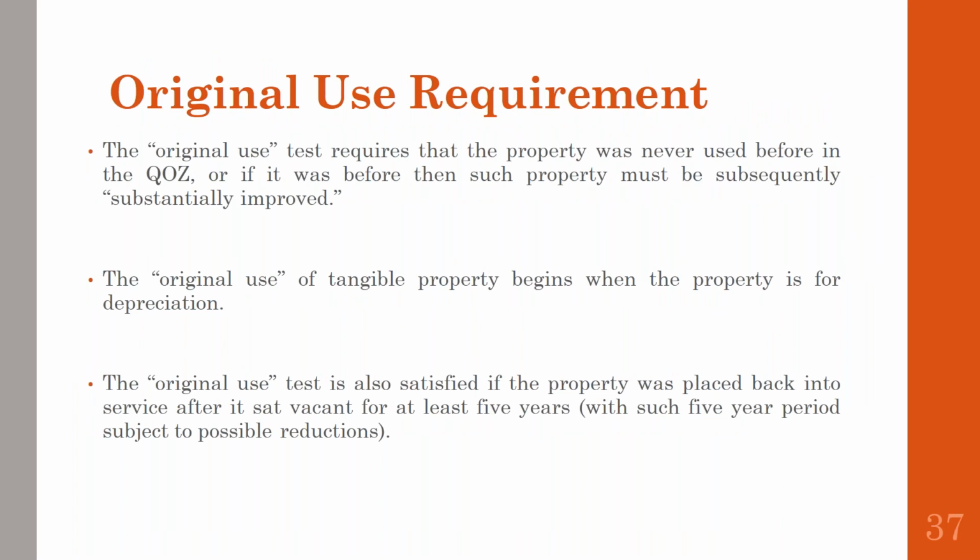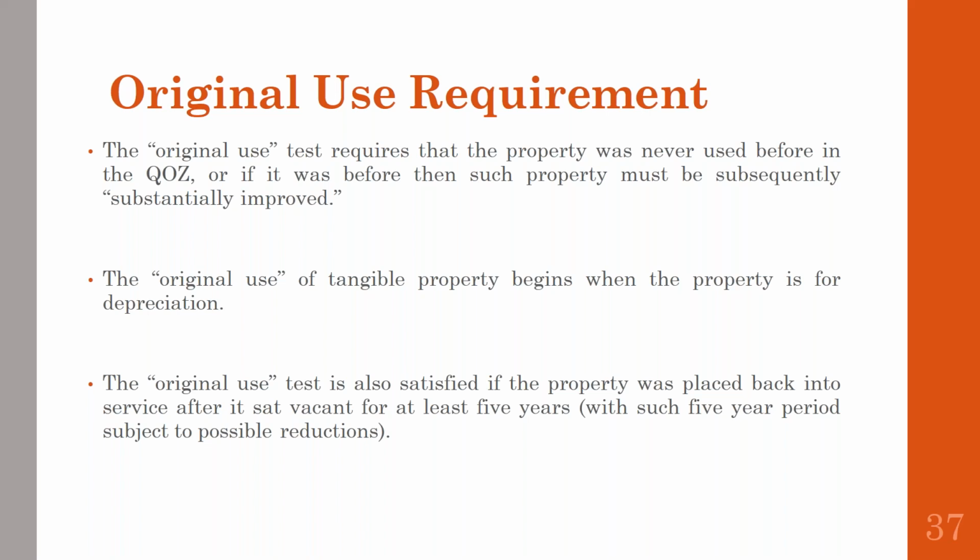So going to the original use requirement, which again, I think is the one that's the most unique here. It's easy if it's never been used in the QOZ before, right? So you buy new property, it gets installed in the QOZ. It's a first time original use. If you're dealing with tangible property, original use is considered to begin when the property is ready for depreciation or can be taken for depreciation.